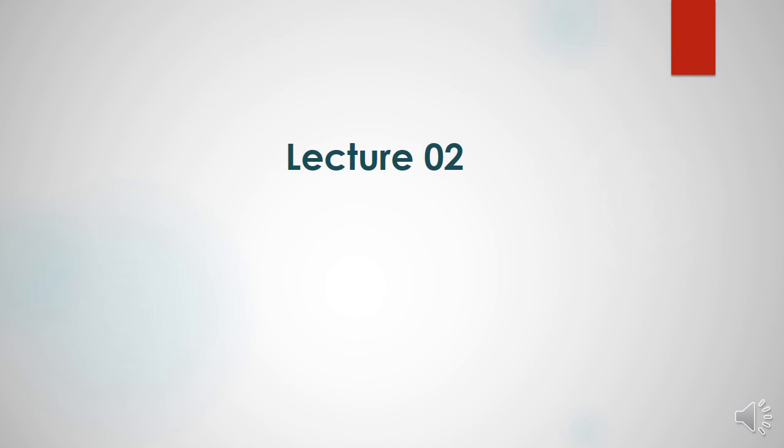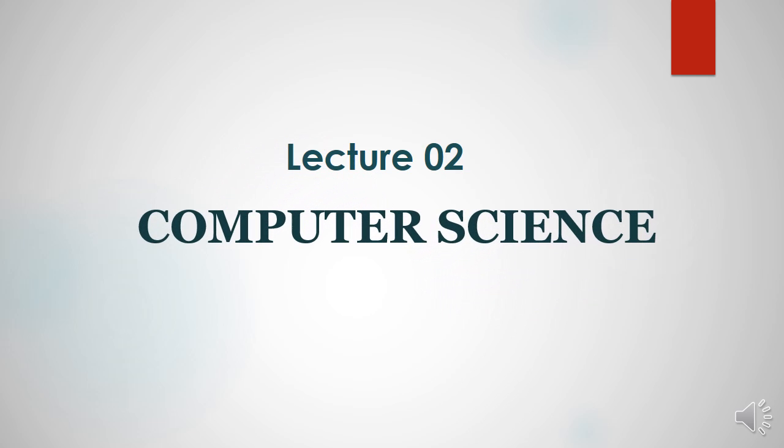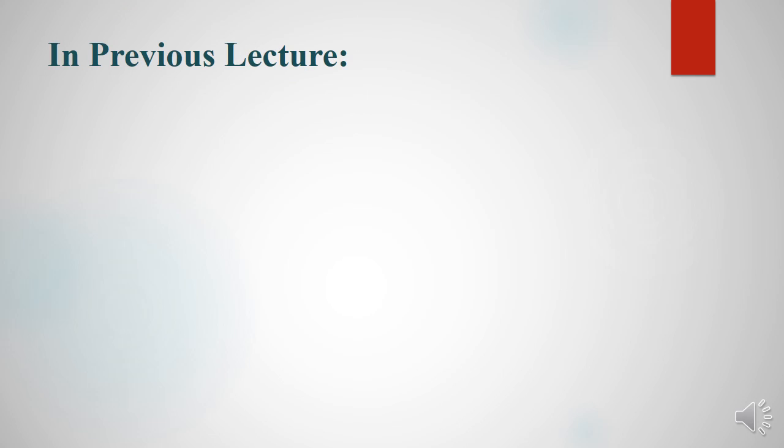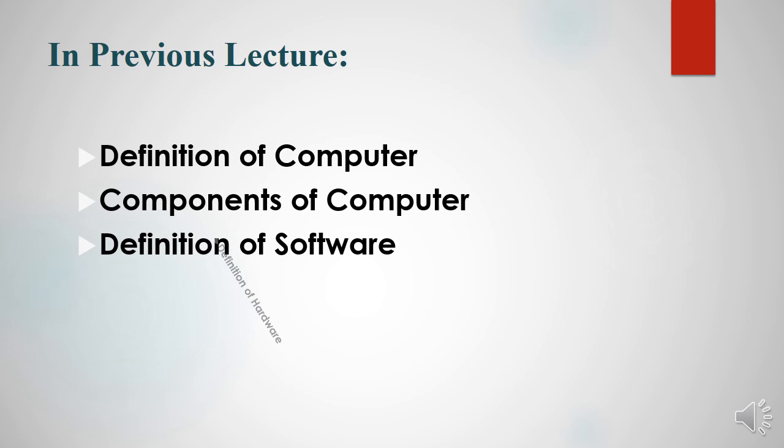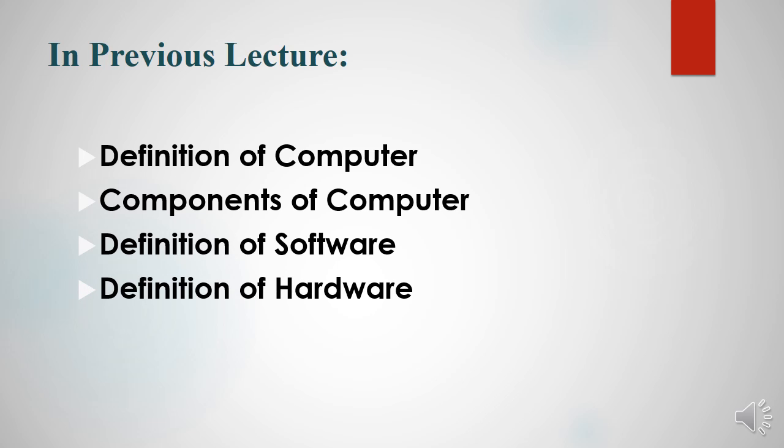It's our second lecture of Computer Science for Class 7. In our first lecture, we have covered the following topics of Unit 1: definition of computer, components of computer, definition of software, and definition of hardware.